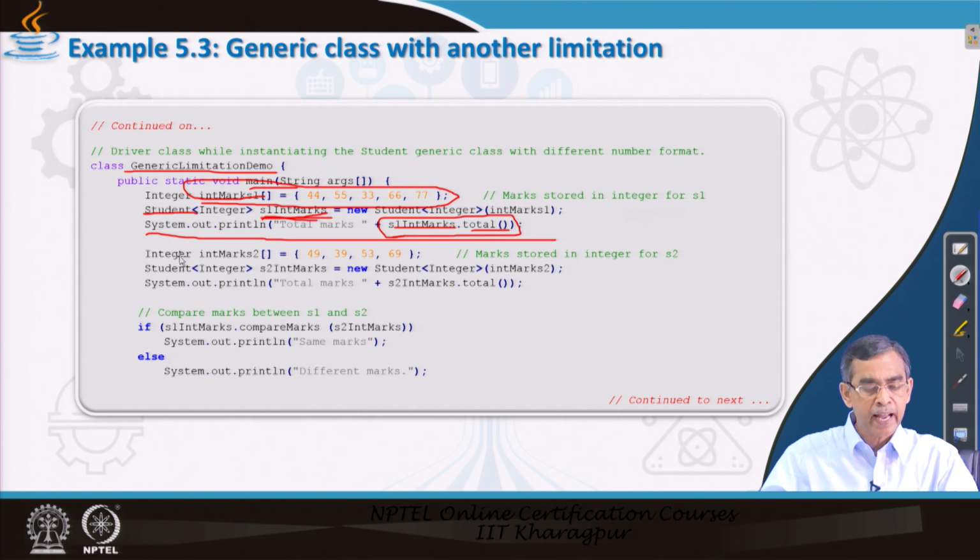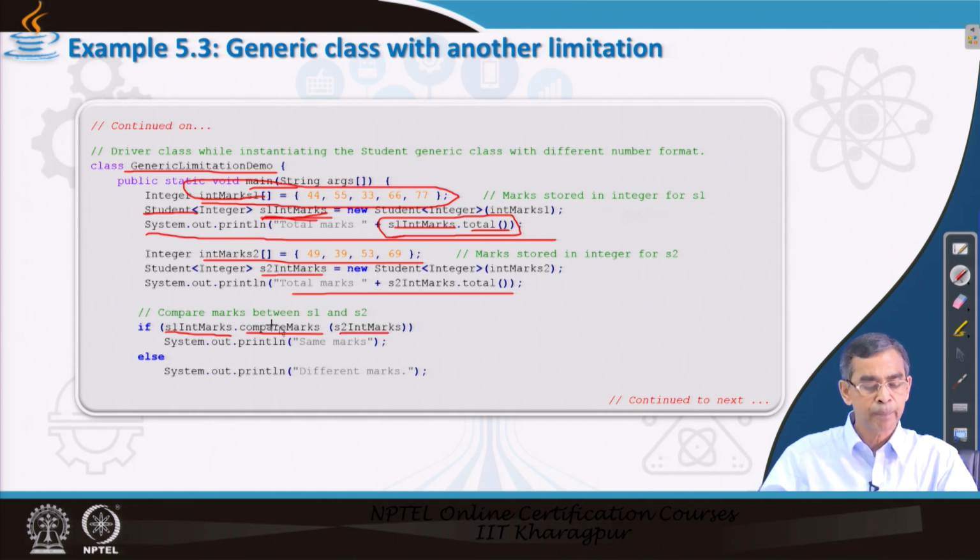Now, we create another array of integers, this one, and then we create another collection S2 integer marks. So, these are the two sets S1 and S2, all of the same type integer, and then we again find the total, absolutely no issue. Now, here you see you call compare marks for the current set with the other set. So, two sets are there, S1 and S2.